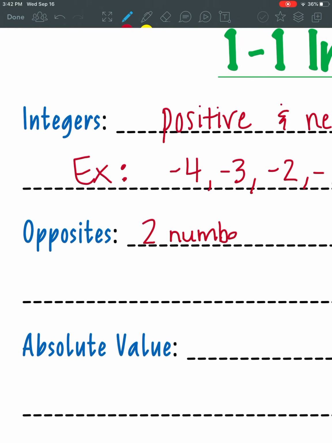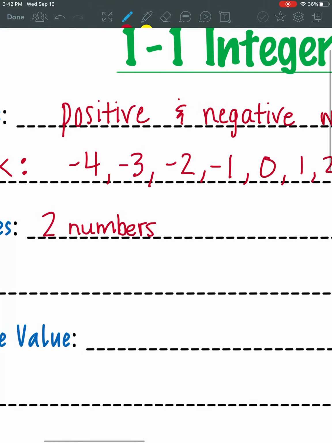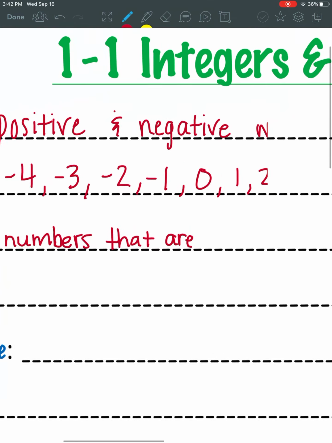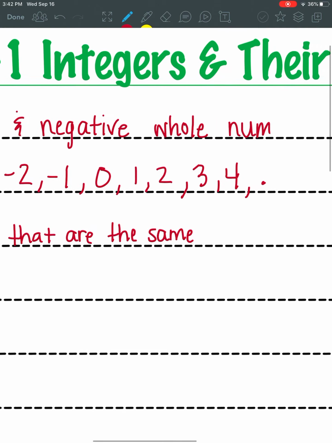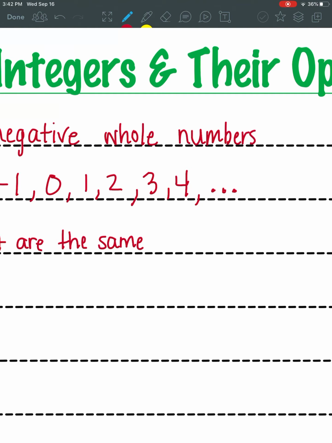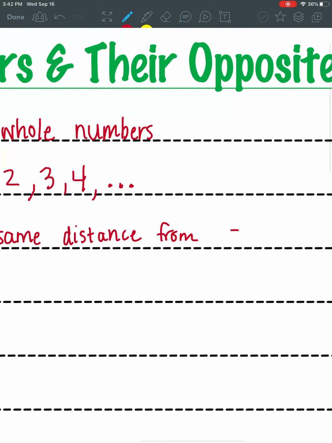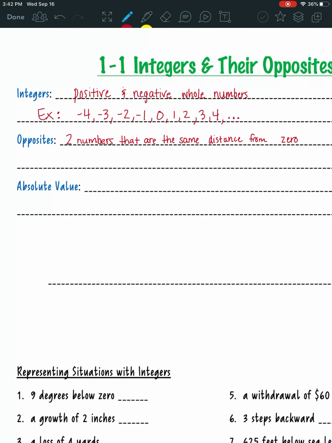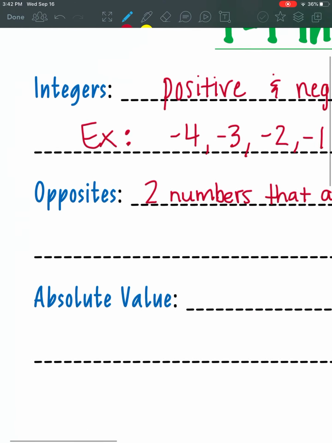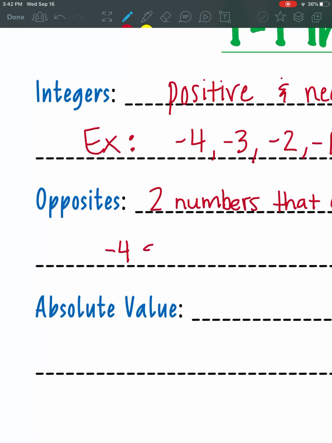Okay? So, opposites are two numbers that are the same distance from 0 on a number line. And I already gave you an example, something like 4 is 4 places from 0 on the number line, and so negative 4 is also 4 places from 0.